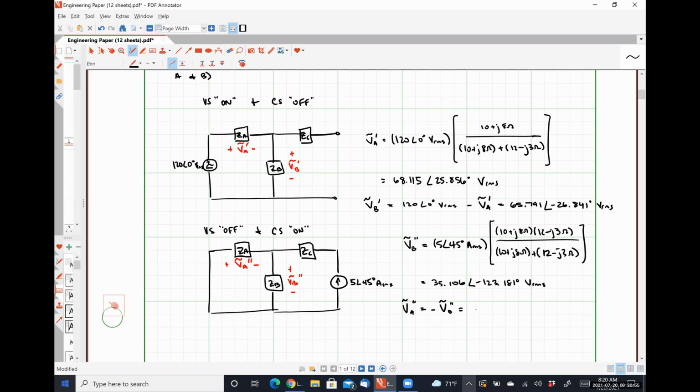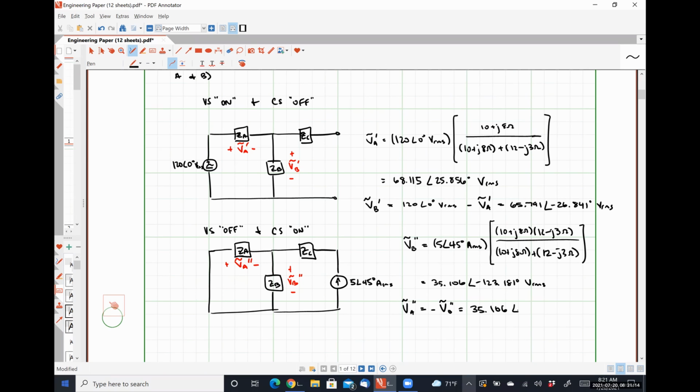And again, VA double prime is just negative VB double prime. So that would be 35.106 with an angle of... I made a mistake in my notes here, and I just left it with the same phase angle, but that's not true.